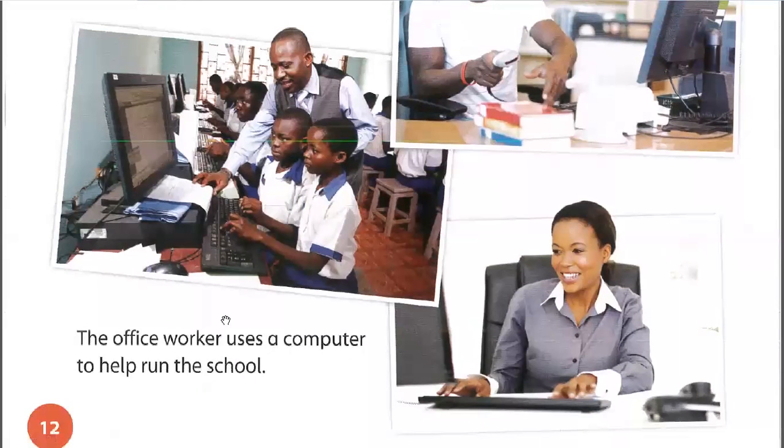How does the office worker use a computer? She has all your data: your name, your father's name, mobile number, your address, your ID number, your class in charge, your grade number, and so on. Everything the office worker stores in the computer.